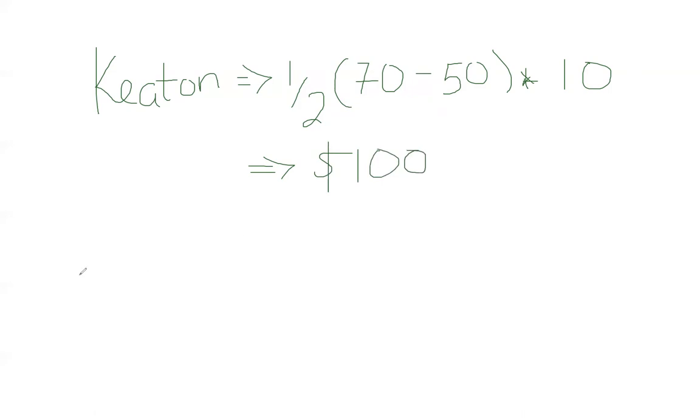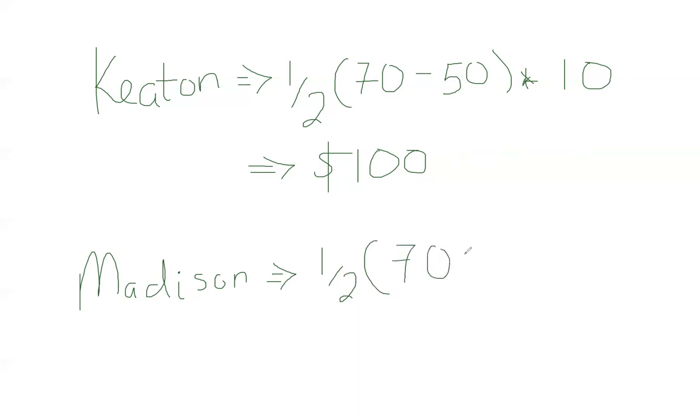What about Madison? We use the same formula. For Madison, we have half times 70 minus 60 times her quantity supplied at 70, which is 5. And we get 25.